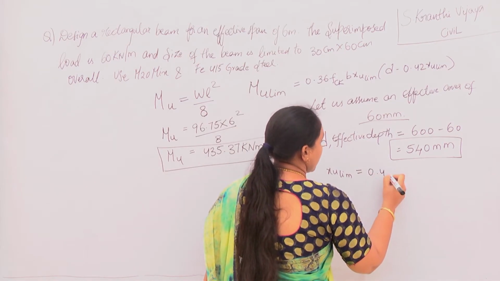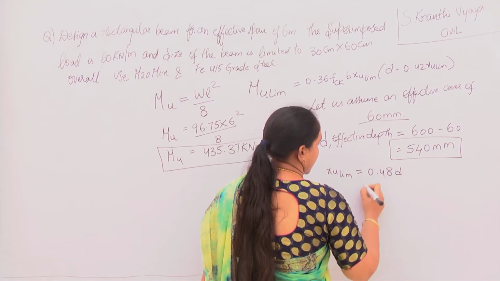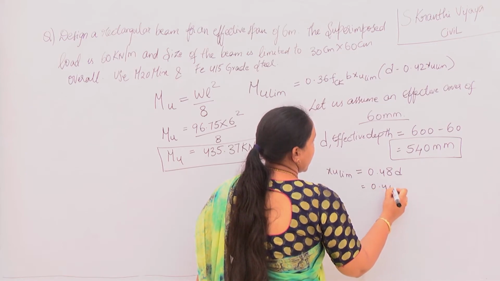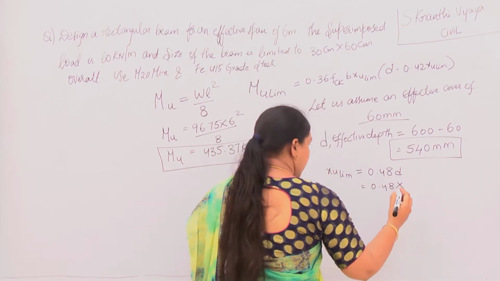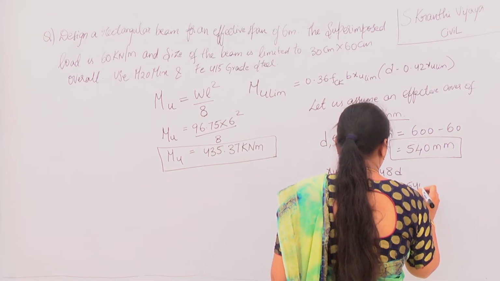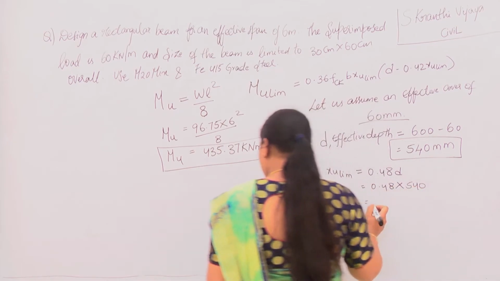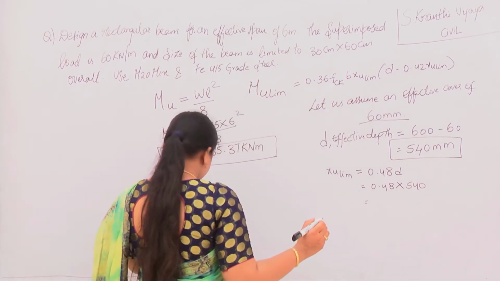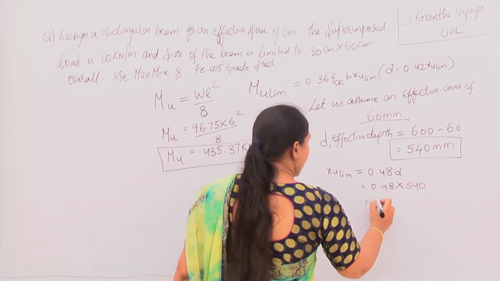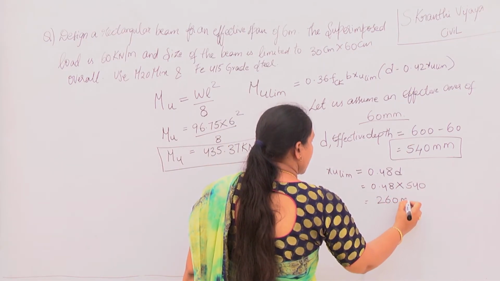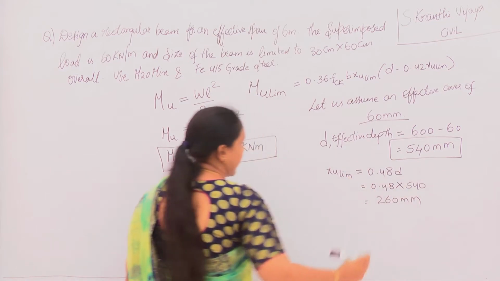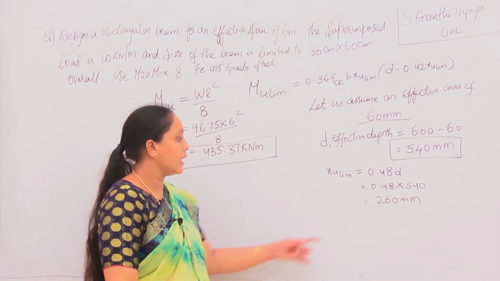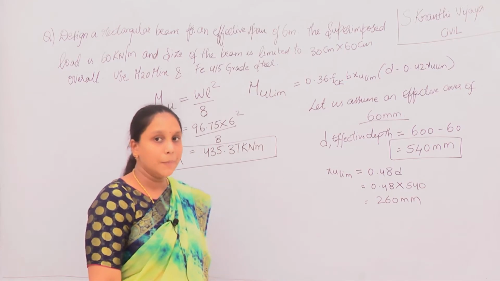It will be 0.48 D, so 0.48 into D. What is D here? D is 540 mm. If you calculate this, you will get a value of 260 mm. So the XU limit value is 260 mm.